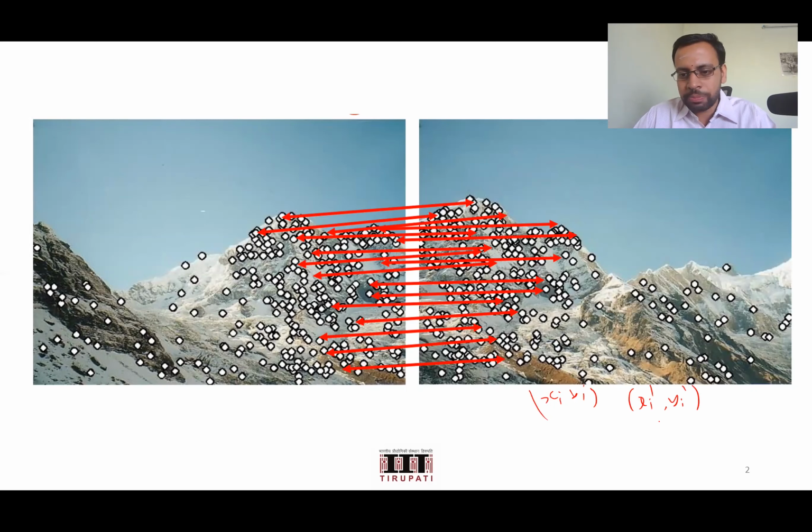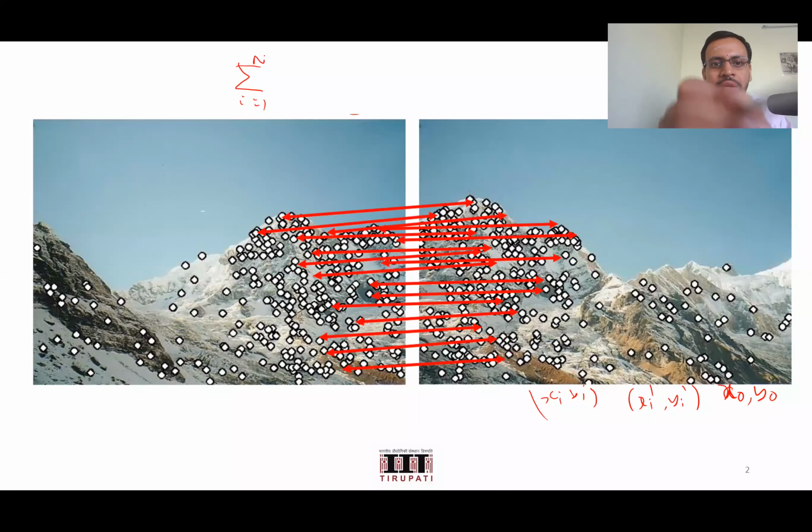Assume that I need to find the translation, let the translation in the x direction be x naught, and in the y direction be y naught. Now can you tell me how the equation should be? Let's say I have the points from 1 to n. Now you tell me the equation.